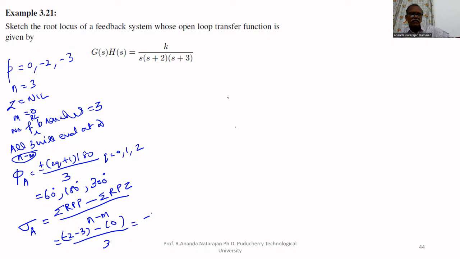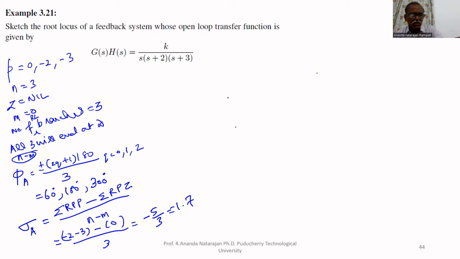That is minus 5 by 3, which is minus 1.667. In the graph sheet, we cannot mark 1.667. That's why let us take the single decimal place 1.7. They are meeting at minus 1.7.